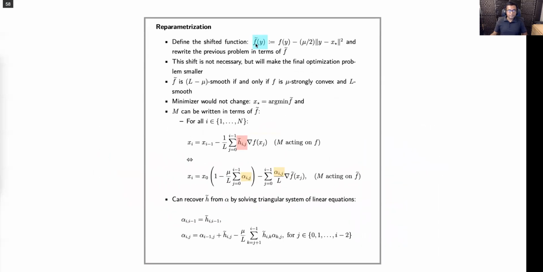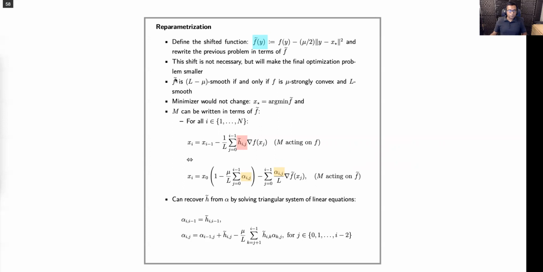It means that I will define a shifted function f tilde, which is equal to f of y minus mu over 2 times y minus x squared, and rewrite the previous problem in terms of f tilde. Now, while this shift is not necessary, under variable translation the optimization problems are equivalent, and it will make the final optimization problem smaller in terms of number of non-convex terms.